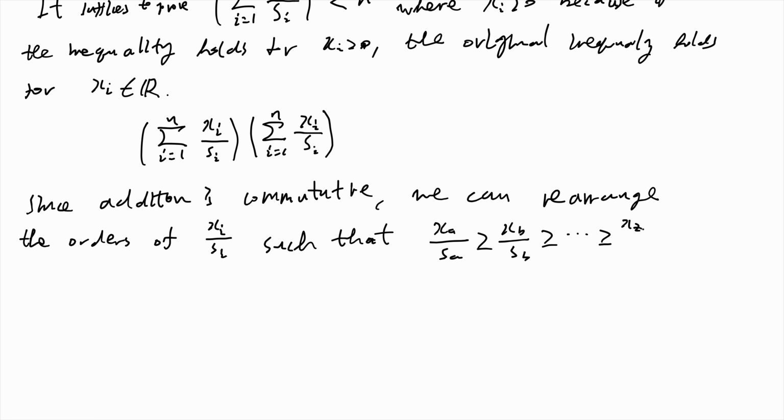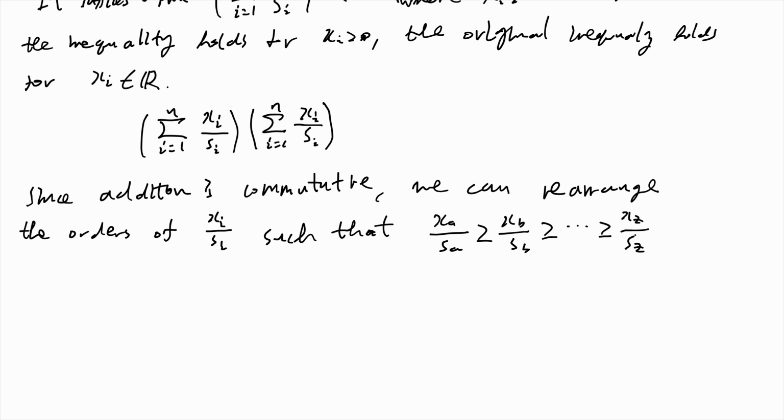It doesn't have to be z. Z is the last letter of the alphabet, so I just use z, but we are not limited to 26 terms. N can be much bigger than that, or much smaller.